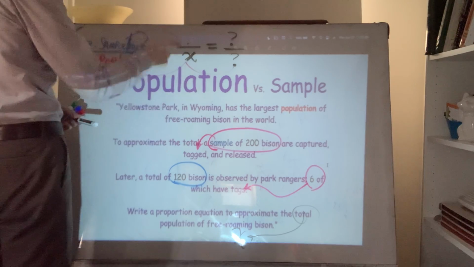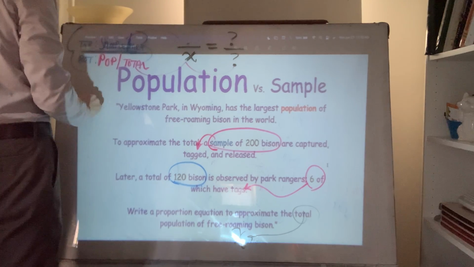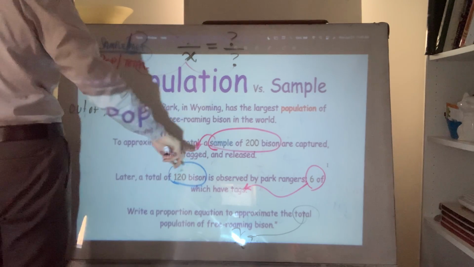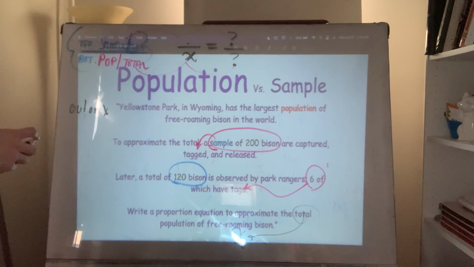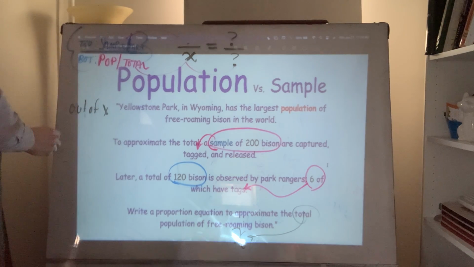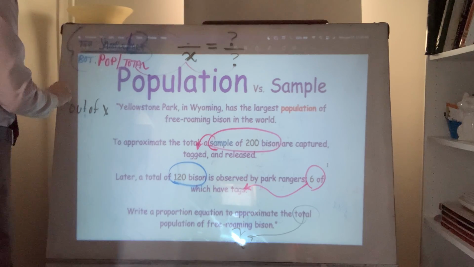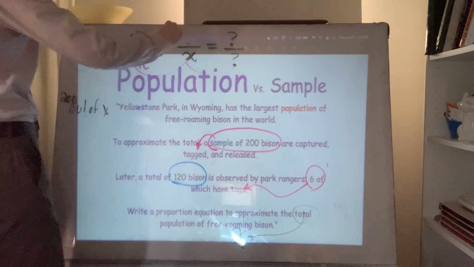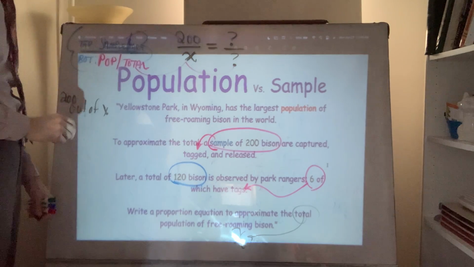The amount that we do know out of the total, out of X, is 200. So I will put a 200 here appropriately.